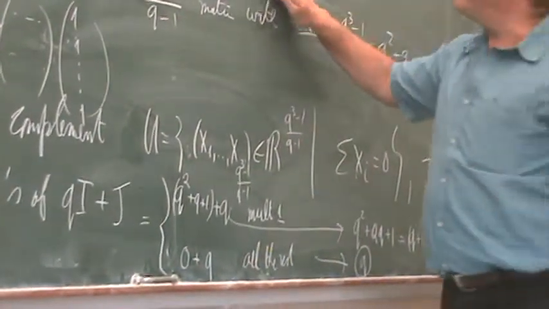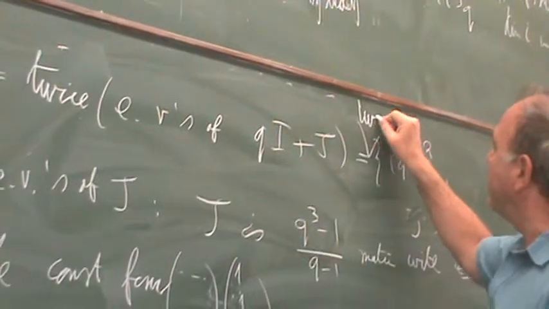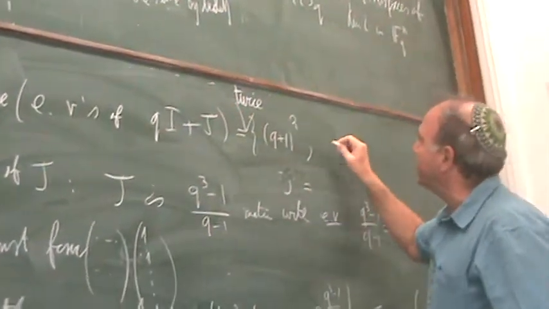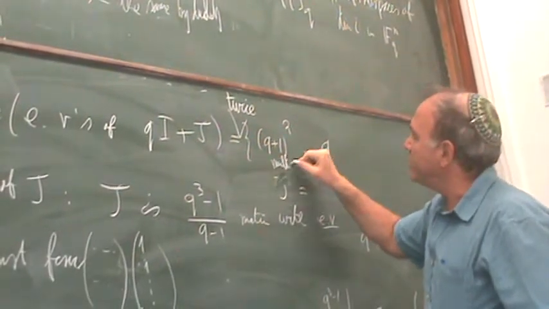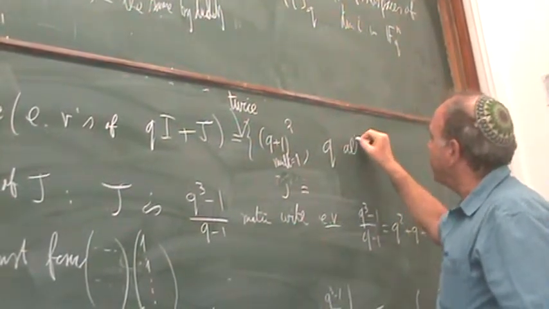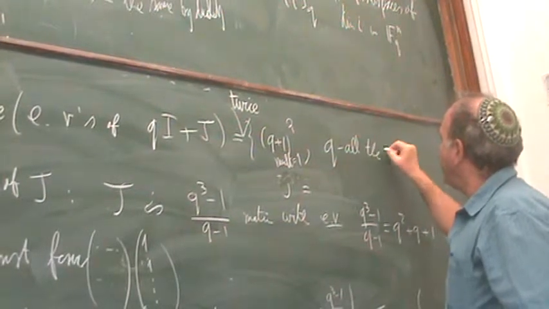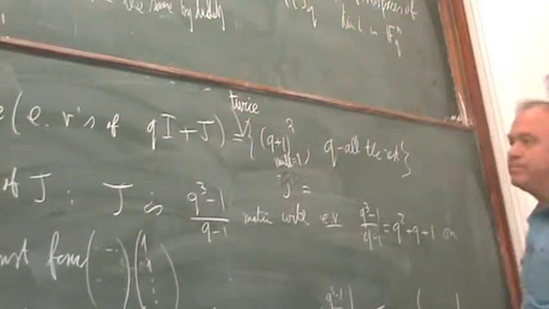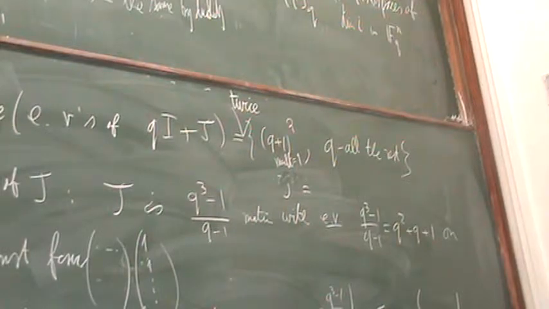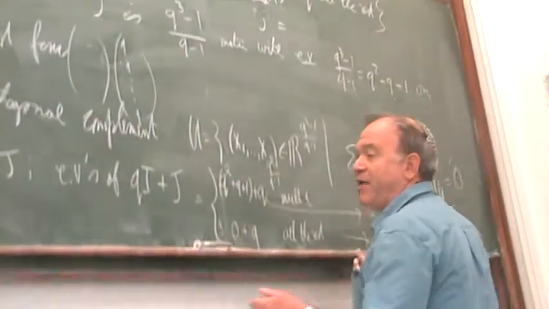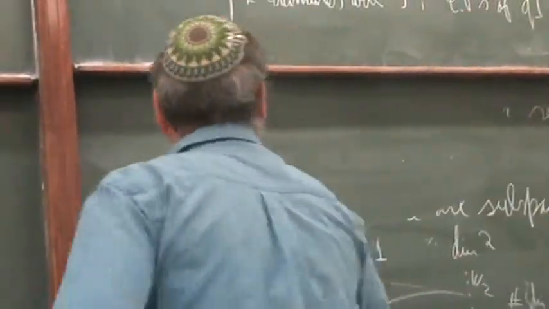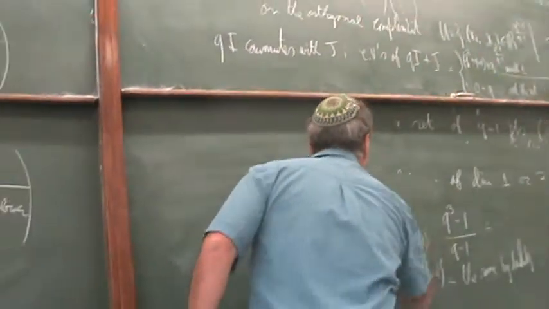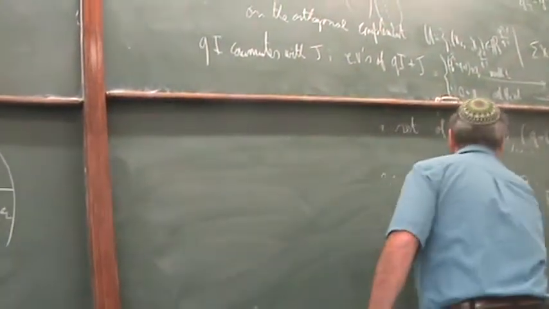So what we get, let me write it twice. Each one of these appears twice, and then Q, so this is with multiplicity 1, and this is Q, all the rest. Okay? So now, what are the eigenvalues of A?